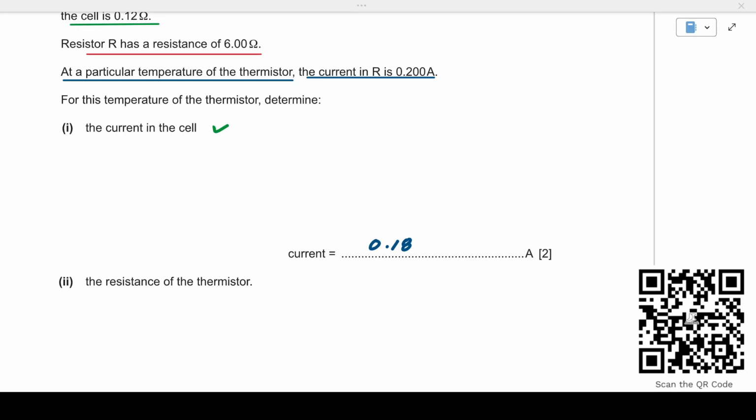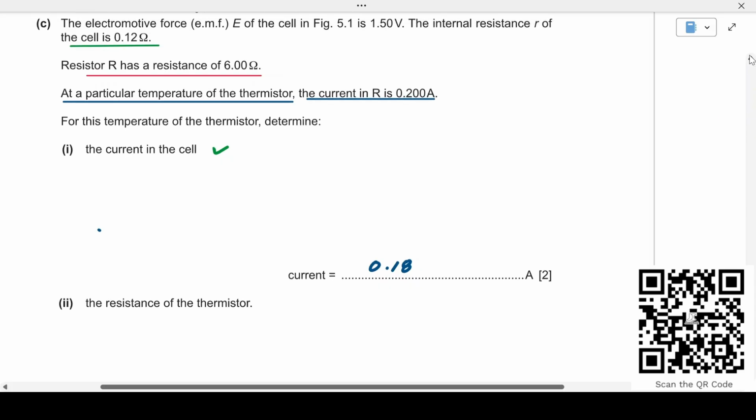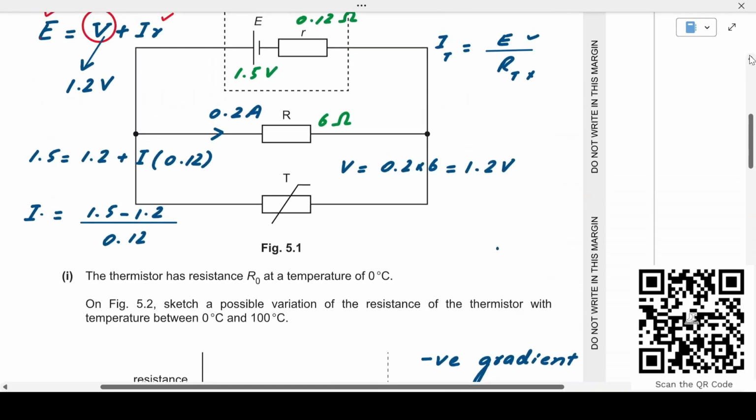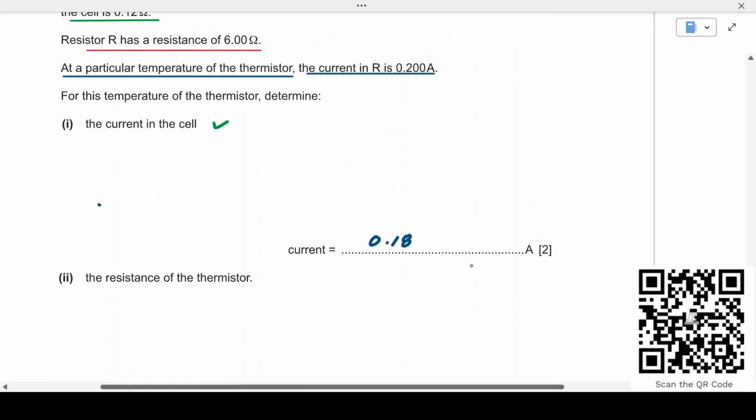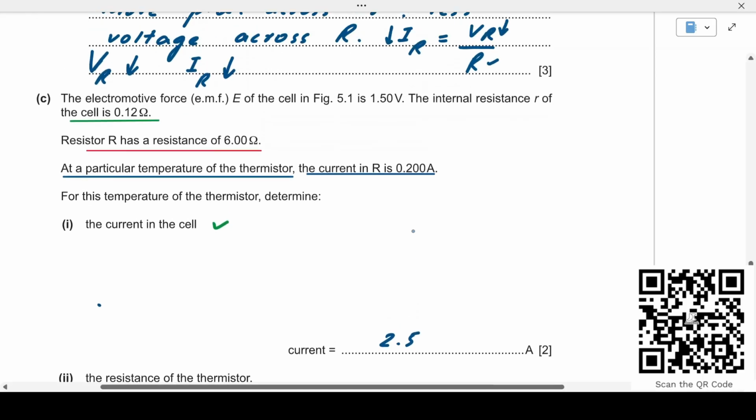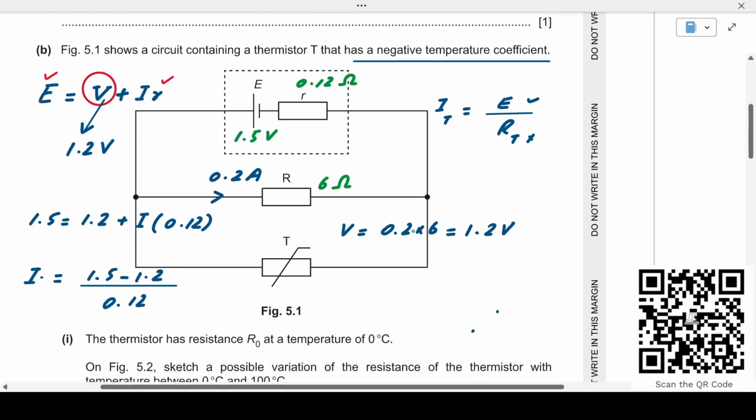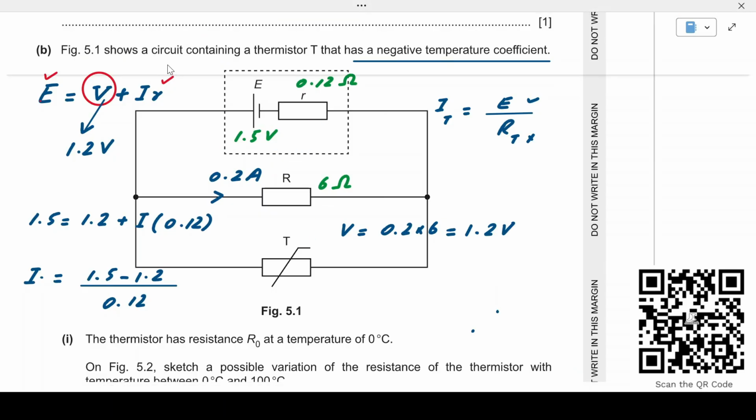It's 0.3 divided by 0.12. Let me check again. 0.3 divided by 0.12, 5 over 2, 2.5. Okay, 2.5. So the current of the battery is 2.5 amperes.